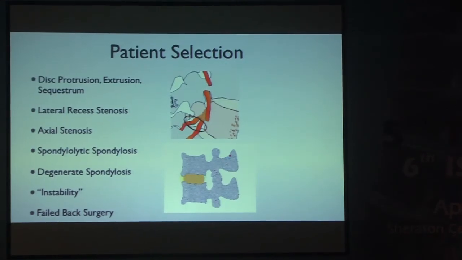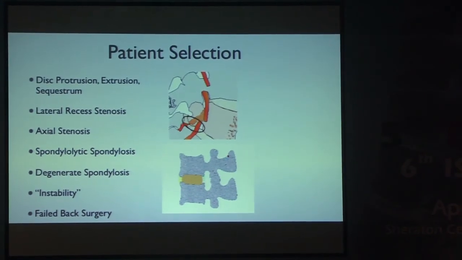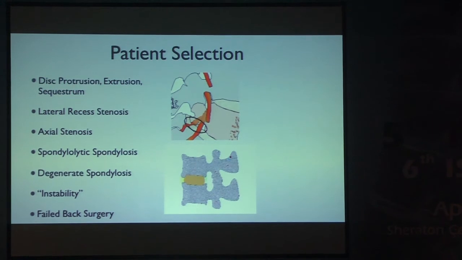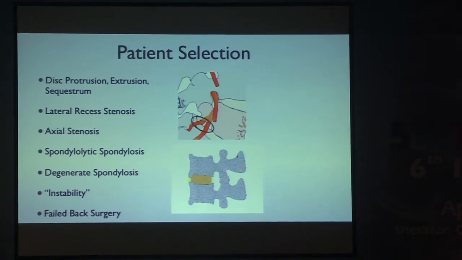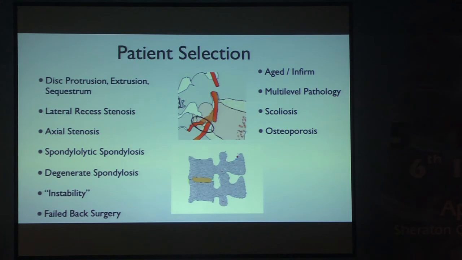And in cases of degenerate spondylosis or instability, we need to remove the facet joint impaction upon the nerve, and in failed back surgery, to mobilize the nerve and remove the scarring. And this allows us to treat patients who are aged and infirm with multi-level pathology, often with adult or degenerative scoliosis and or osteoporosis.